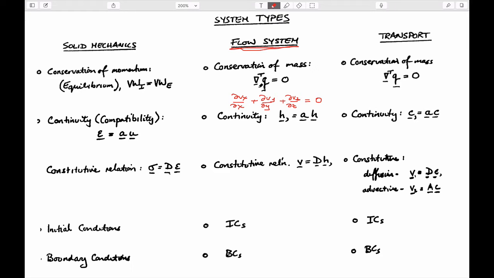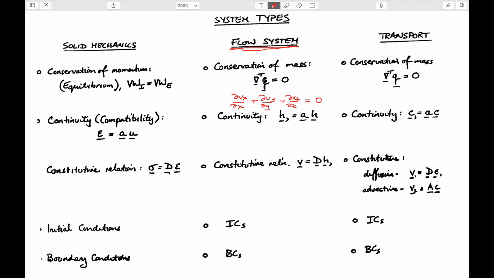Mathematically, that's what it is, but physically it says that mass in equals mass out. If fluid is going in at a particular velocity, then as it changes velocity across this small differential element, when you sum up everything going in on the 3 faces and coming out on the other 3 faces, because we're looking at a differential cube, they have to sum to 0. That's the statement of that.